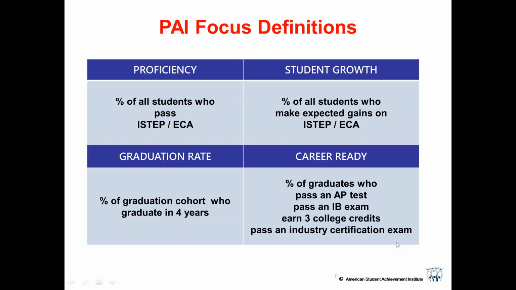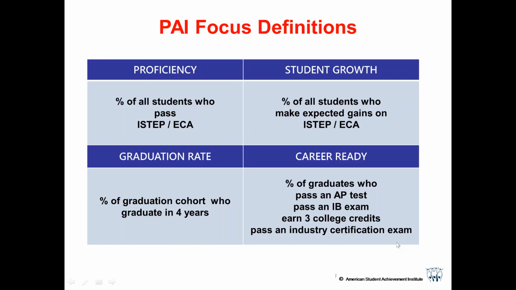In terms of some of the definitions that DOE has for these areas in the PAIs, proficiency is the percentage of students who pass ISTEP or ECA. Student growth is the percentage of all students who make expected gains on ISTEP or ECA. Graduation rate is the percentage of graduation cohort that graduate in 4 years.